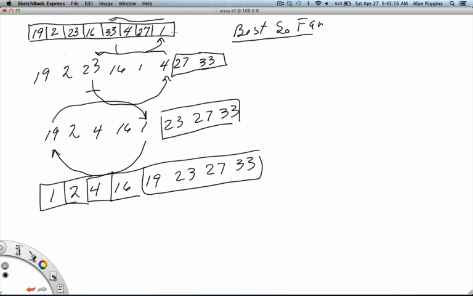The 1 went from last position to next to last, to here, to here, to here, to here. We moved it one position forward until it got into the final position. But with this algorithm, when we swapped the 19 and the 1, it landed here. So there's a single swap for every pass of the outer loop, which makes this more efficient.